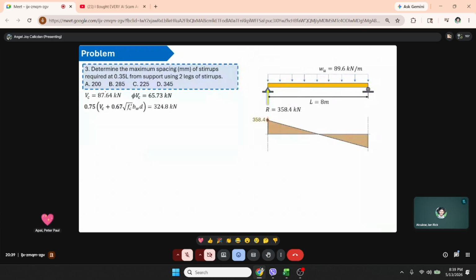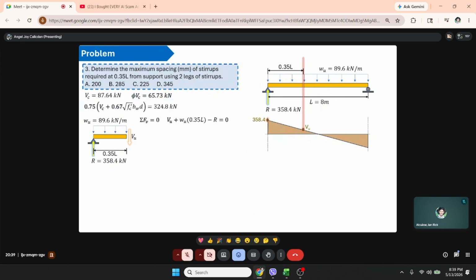So for part 3, lain na pod ang location na kuhaan nato og Vu karon kay 0.35L na. So here mag-cut na pod ta. And to get Vu, we'll sum up force vertical.